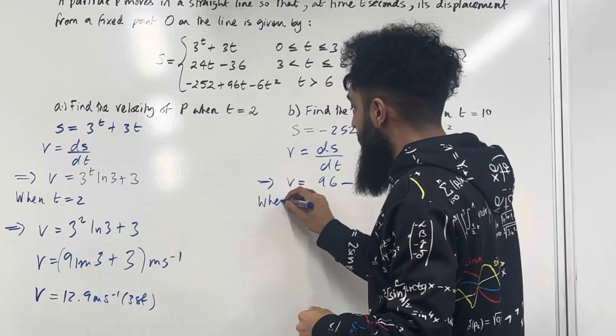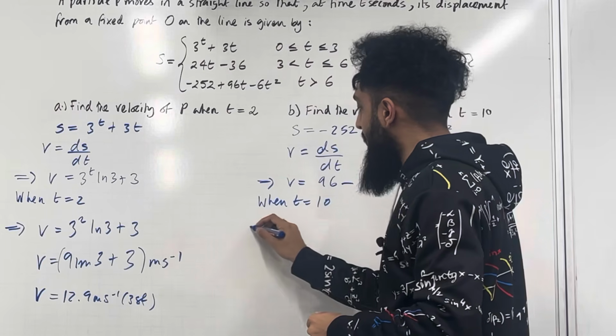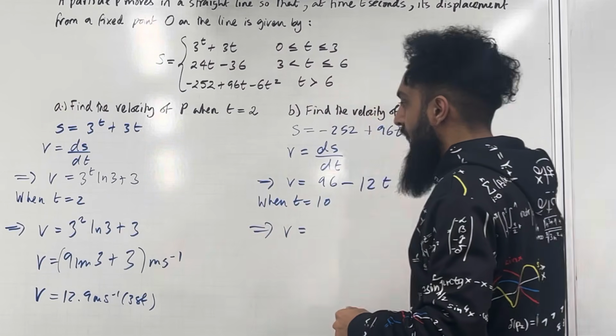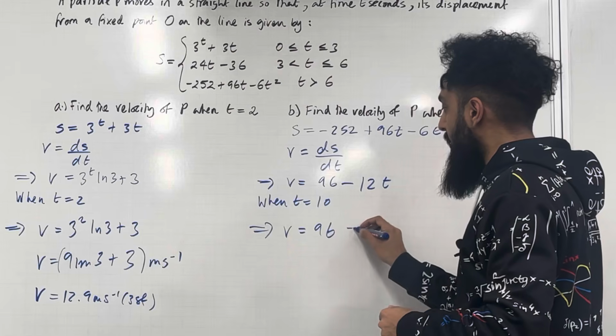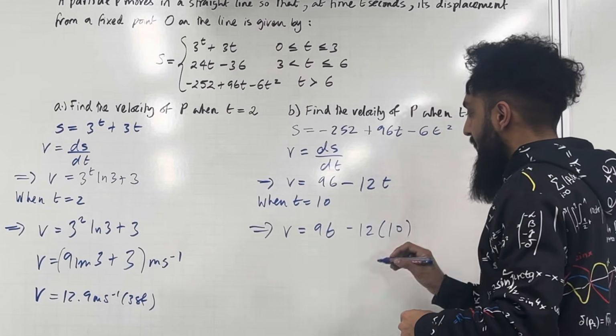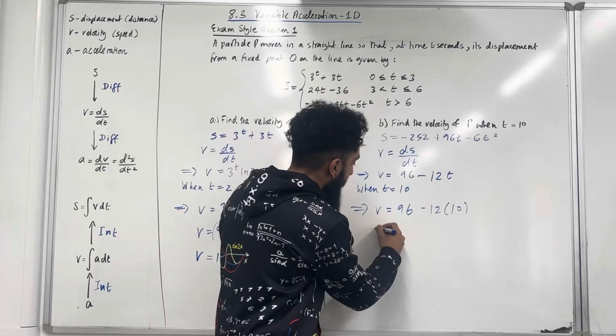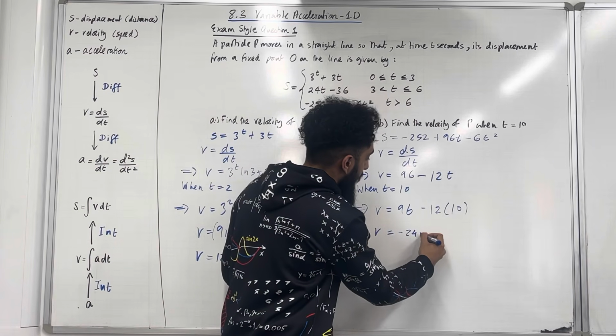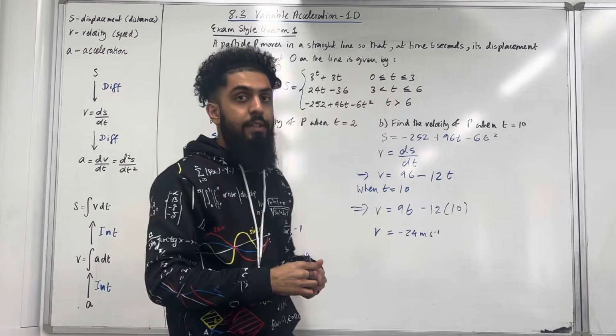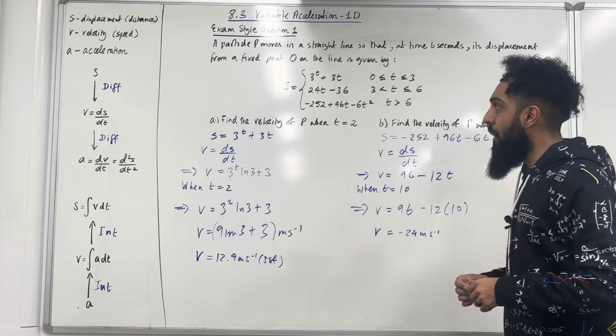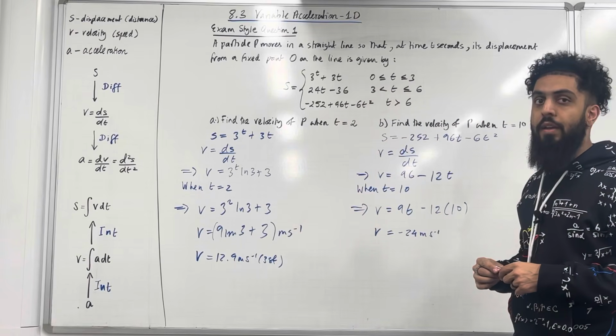When t is equal to 10, this implies that the velocity is equal to 96 minus 12 multiplied by 10. Okay, so we can put this into our calculator and we get v equal to minus 24 meters per second in exact form. That there completes part A and part B of the question.